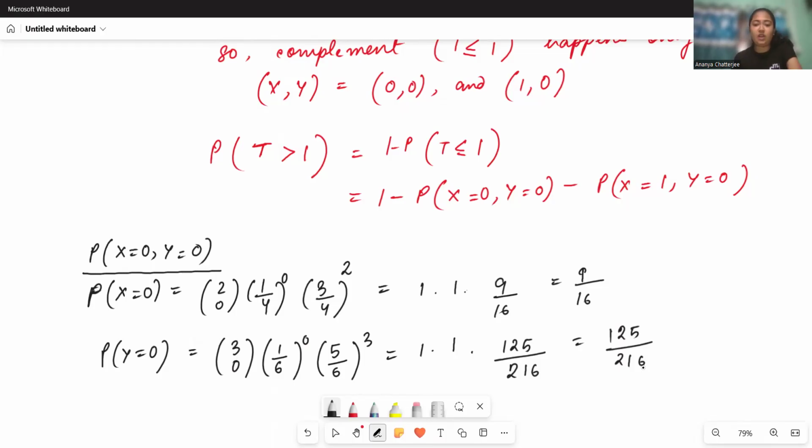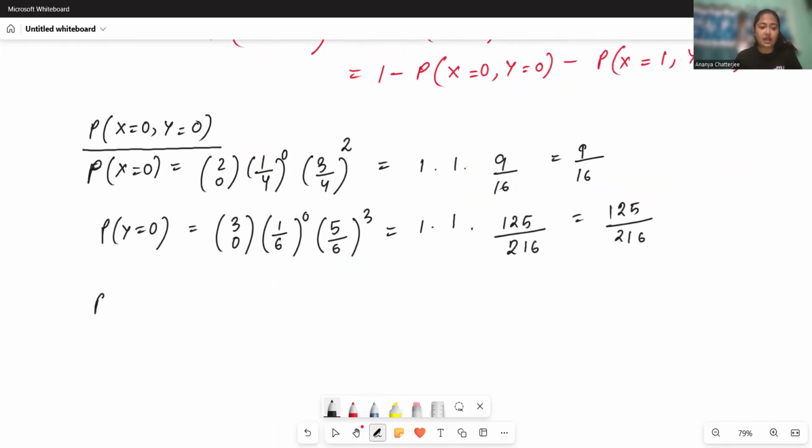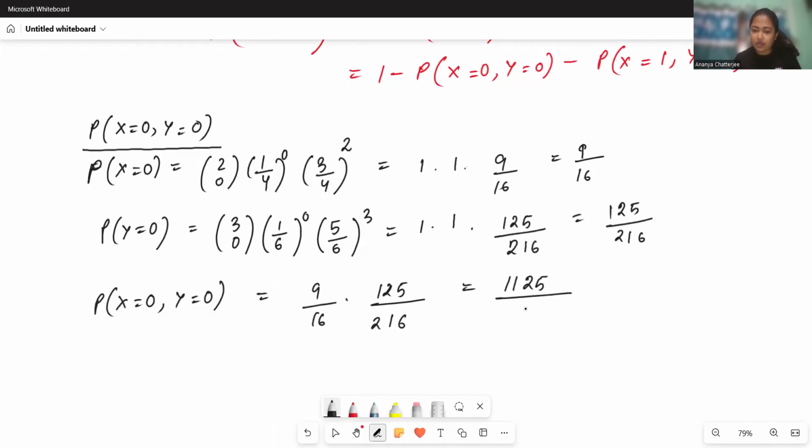Now the probability x equals 0, y equals 0 is 9 by 16 into 125 by 216. The value of this is 1125 by 3456. Done.